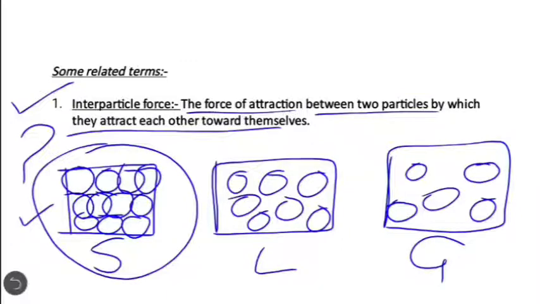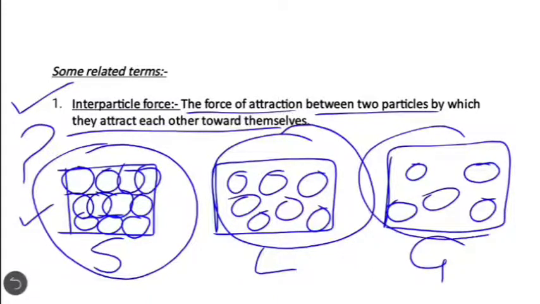In liquids, they are far from each other, so the force is lower than in solids. In gases, they are too far, so the force of attraction is minimum, or you can say lowest.